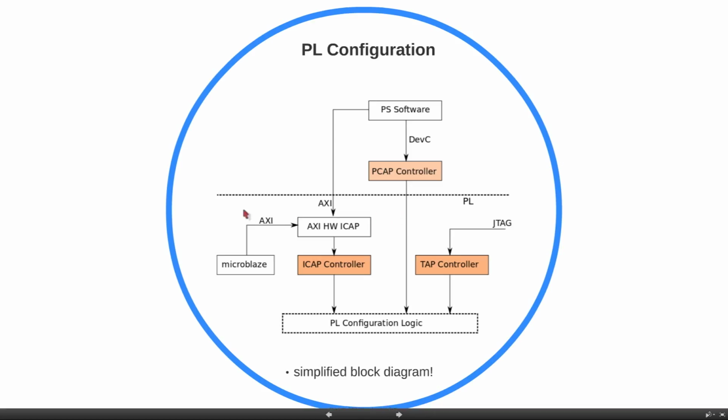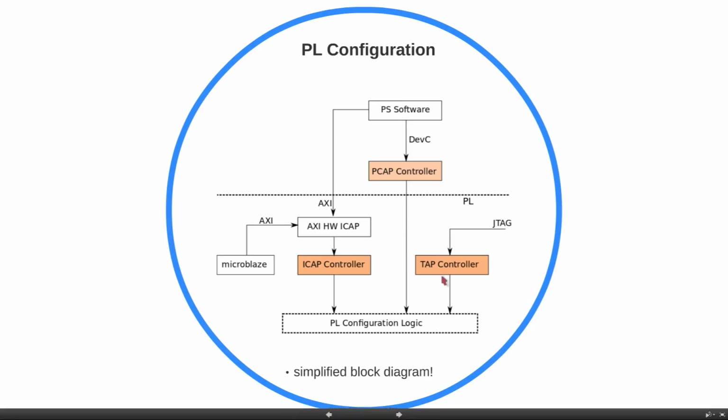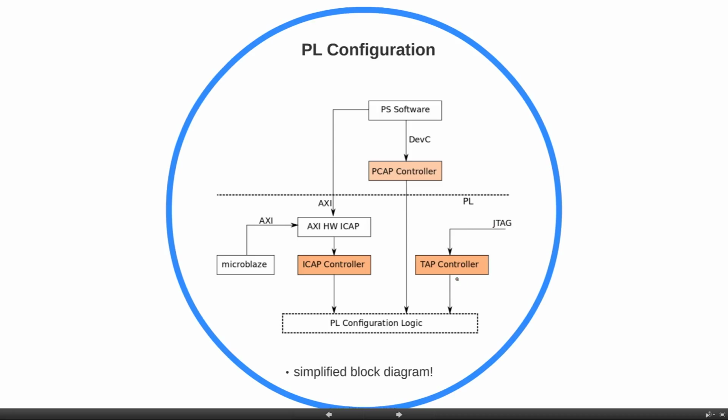The FPGA part of the ZYNQ device can be configured through the JTAG chain, like any other FPGA that we had in the past. So you have this test access point controller, and it is in the JTAG chain of your ZYNQ device, and through this chain you can program the PL. You can transfer your bitstream through this chain to your PL and implement your desired function. This is one way to configure the PL.